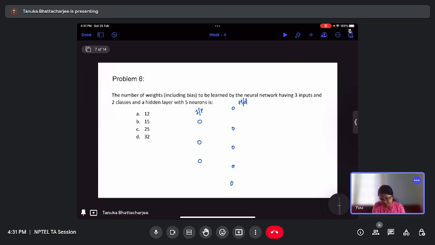Let's say we have 2 neurons at the output.